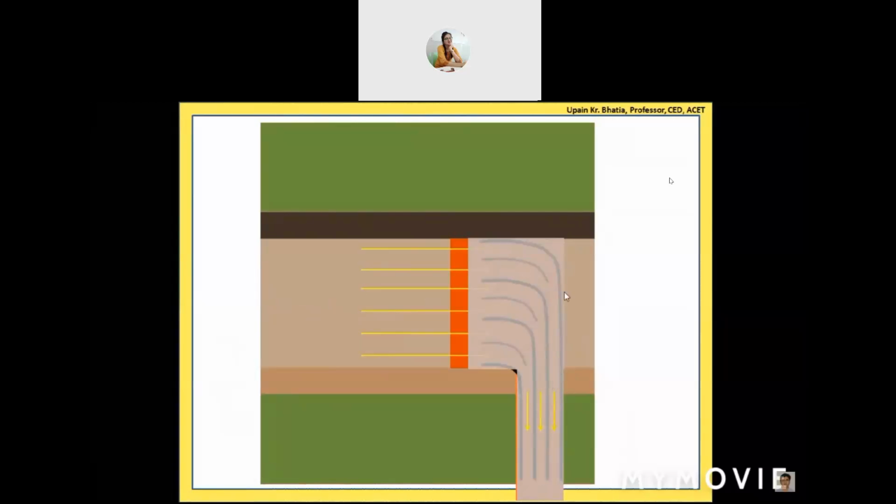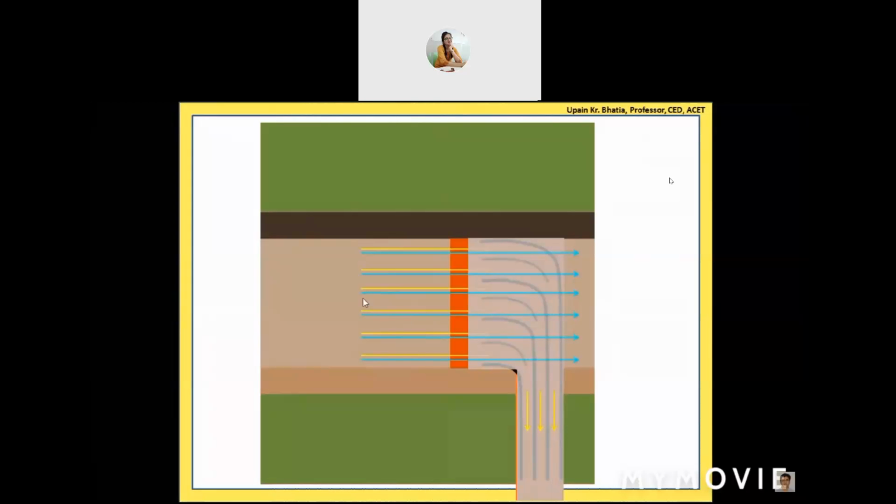So the flow of water in the canal is here, but the bottom layers are segregated to move out of this canal. The top layers move to the downstream side just above the diaphragm slab. The top layers do not enter into this portion; they move further. So the bottom layers can be separated out and removed from this canal.